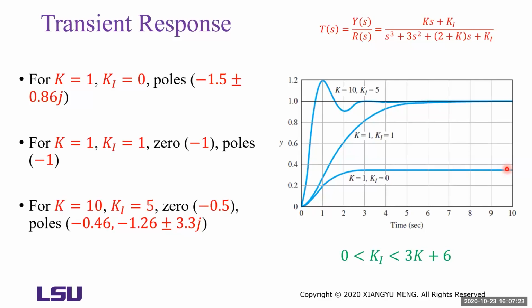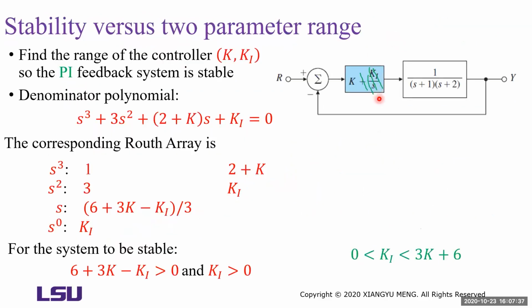If we don't use the integral, let ki be 0. In this case, you have to pay attention. The denominator is not order of 3, it's order of 2. If you let ki be 0, the denominator polynomial is order of 2, not order of 3.